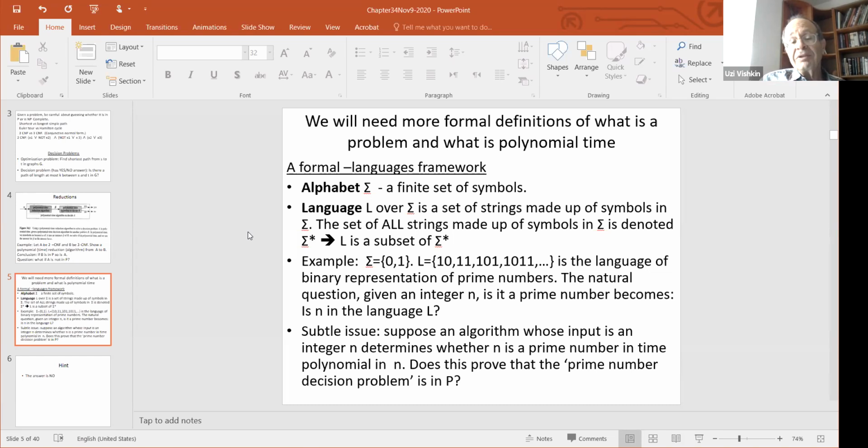Okay, so what is a language? A language comprises, first of all, an alphabet. So to make things as simple as possible, think about the binary alphabet, just 0 and 1. These are all the letters in your alphabet. Okay, no more letters.